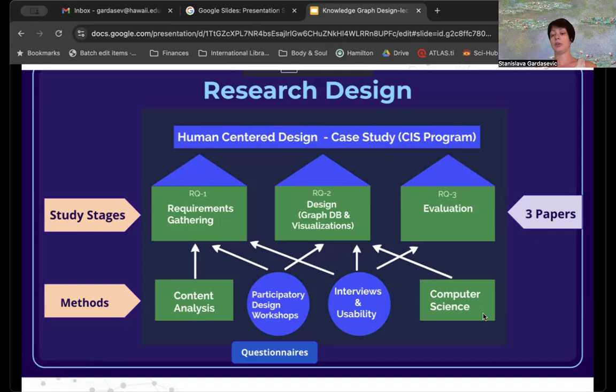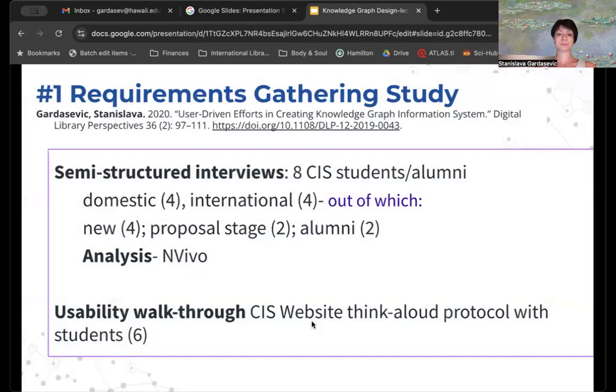And of course, computer science, because it is an information system. So a little bit of querying, a little bit of network science, and so on. The workshops were also followed up by questionnaires. So this is a whole soup of methodologies. So I'm going to talk about each of these stages of the study.